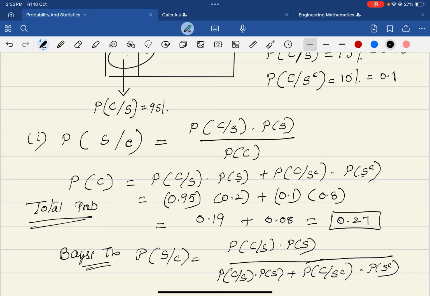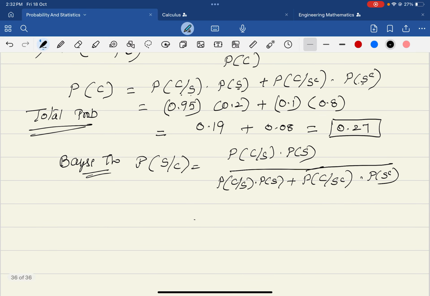We already know P of C given S times P of S is 0.19, and the total probability is 0.27. So 0.19 by 0.27 is around 0.704.